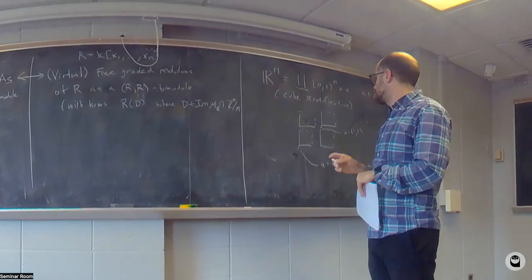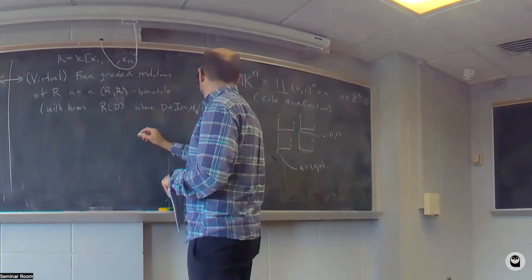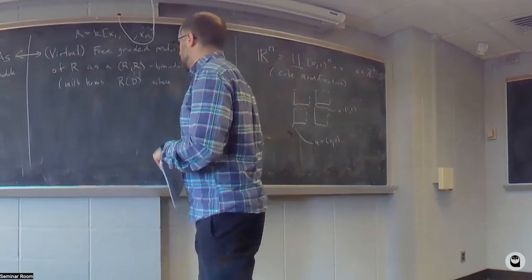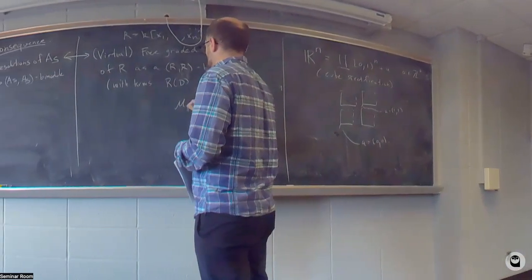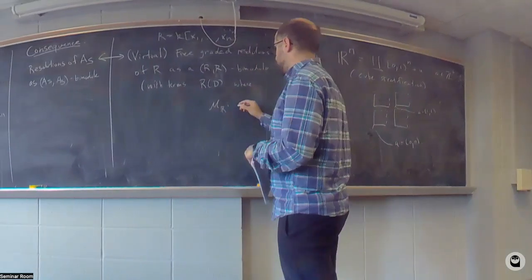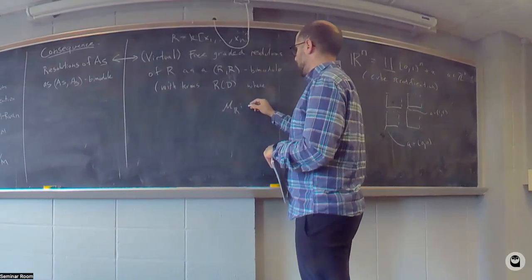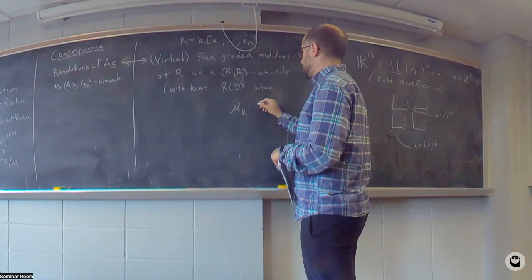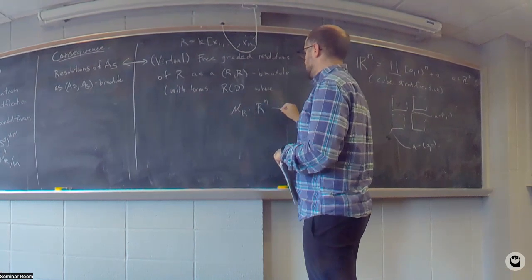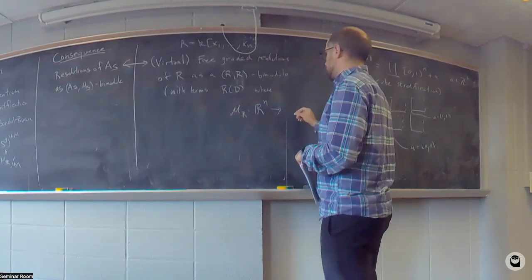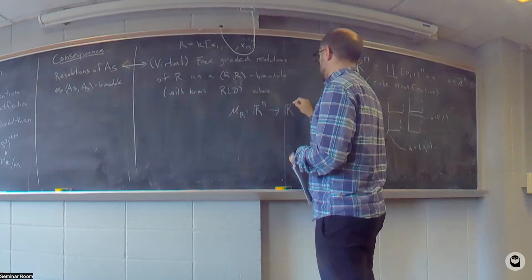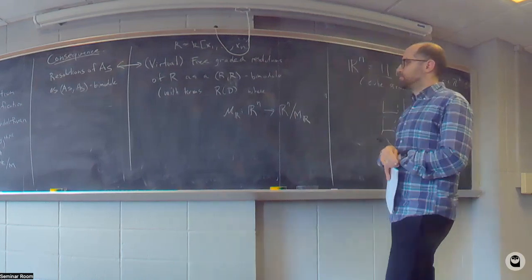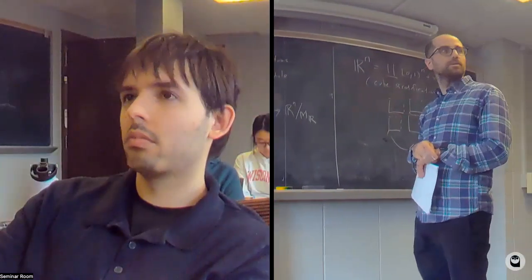And D, we had this map, for say mu R, because I wrote that wrong. So mu R is the map from Rn to this quotient, this quotient map.